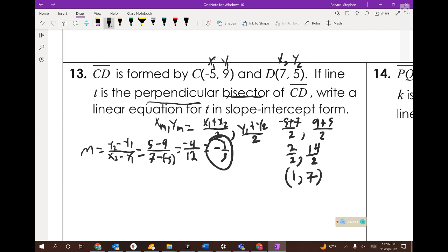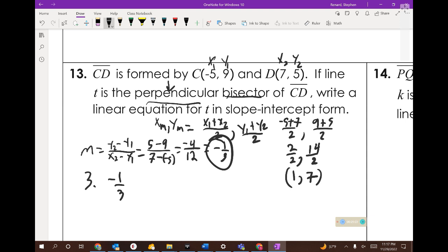So now we need to go on to step 3. Step 3 says find the slope of the line you're trying to work on, the new line, so to speak. So what we do here is we take our old slope and we go, hey, it's perpendicular. If it was parallel, we just copy it down.